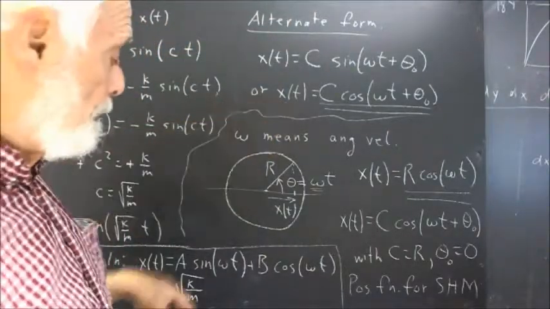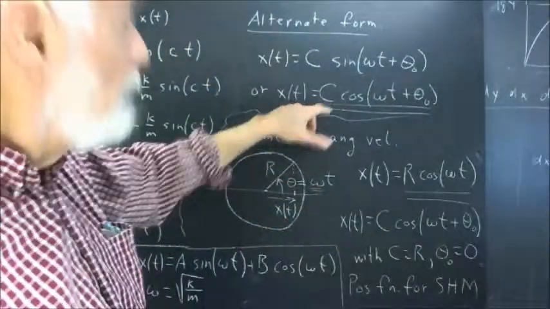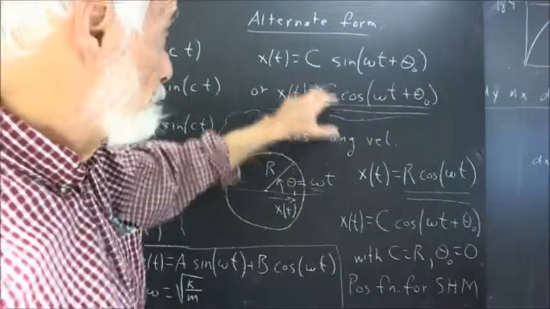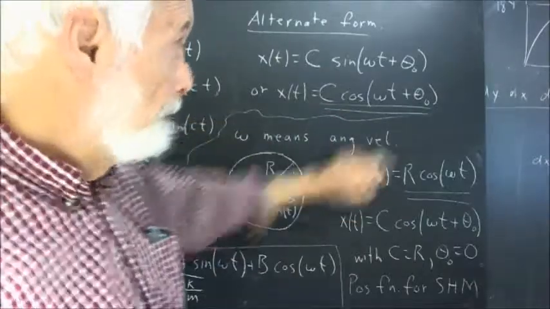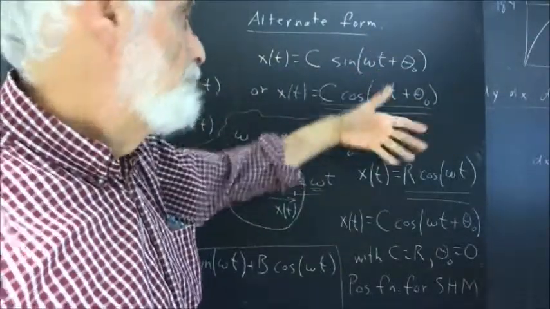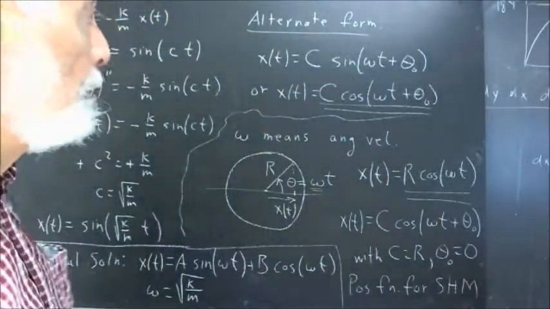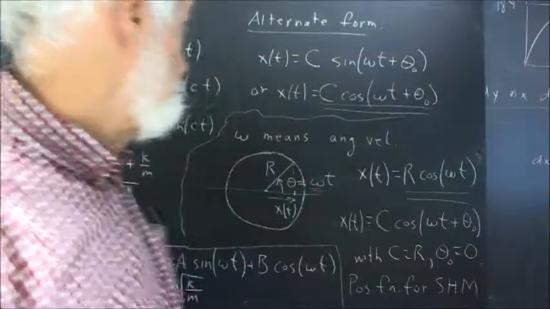And we could also combine it into a c cosine of omega t plus theta naught. C would be different if we're using a cosine, so these c's would not be the same, and these theta naughts would not be the same. The theta naughts would differ by 90 degrees, because that's what the sine and cosine differ by, 90 degrees or pi over 2 radians.